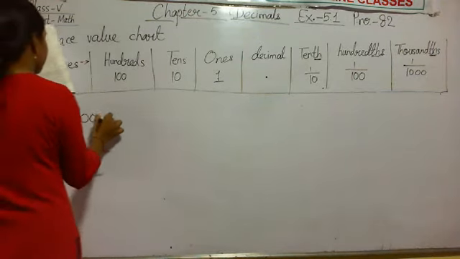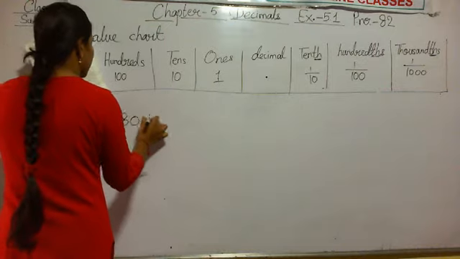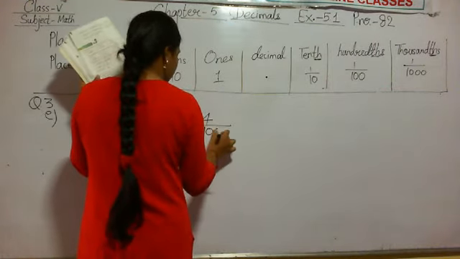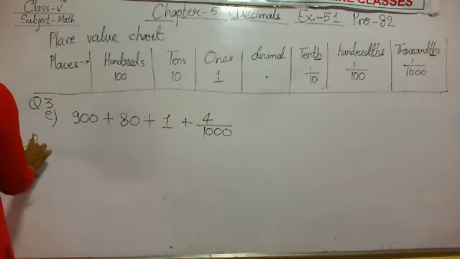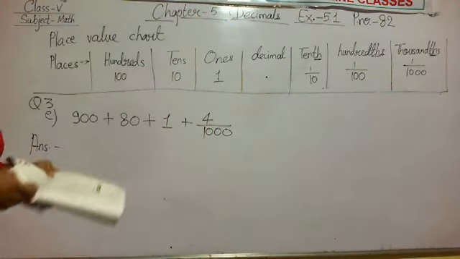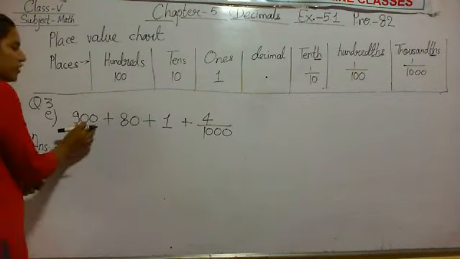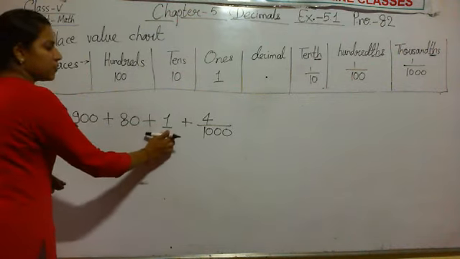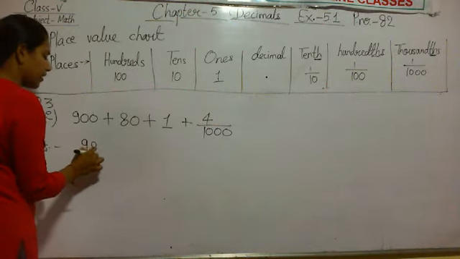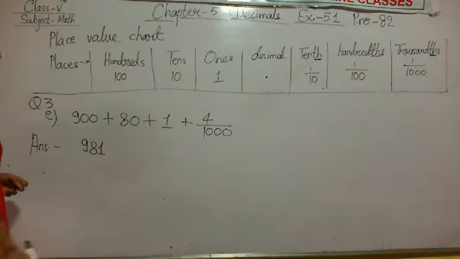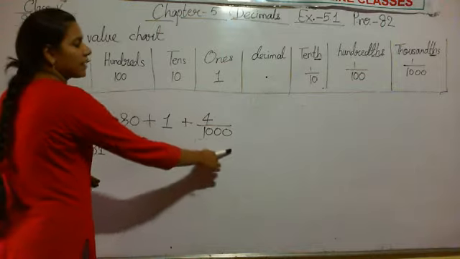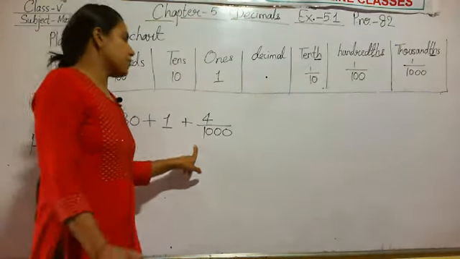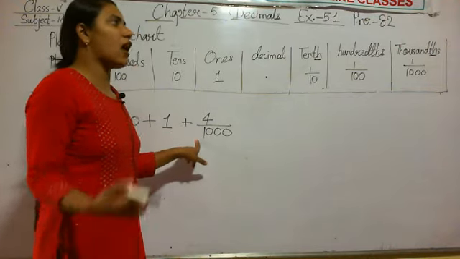900 plus 80 plus 1 plus 4 upon 1000. It is a given question. You want to write the short form for it. So what you will do is add the whole numbers together. So 900 plus 80 plus 1 is 981. Now you observe that 4 is located at the 1000th place, as 4 upon 1000 is given.